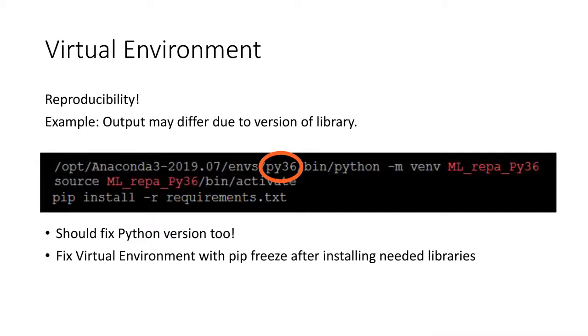We always fix library versions. And you should fix the version of your Python too, because different versions of Python behave differently with different libraries. For example, some libraries don't work with Python 2.6, 2.7, and only work with Python 3.5 or 3.6, but maybe not with 3.7. I don't know.